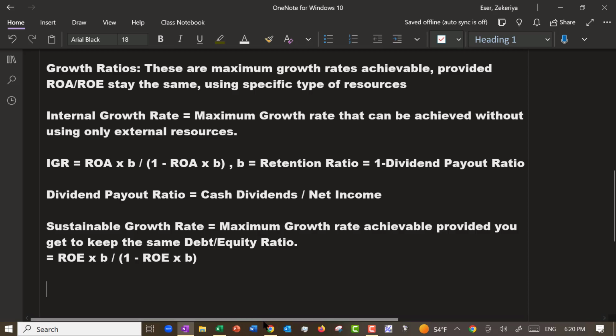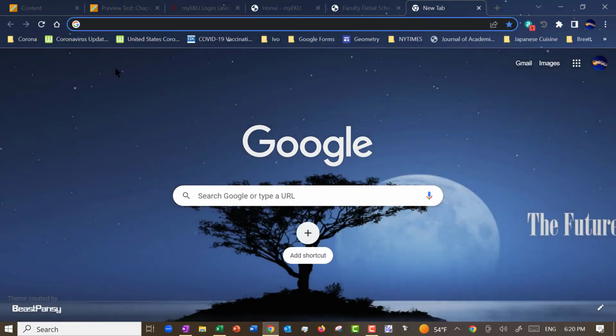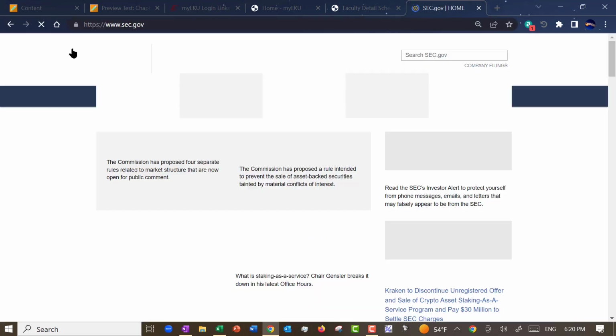Let's calculate some numbers using published financial statements. Let's see, sec.gov.